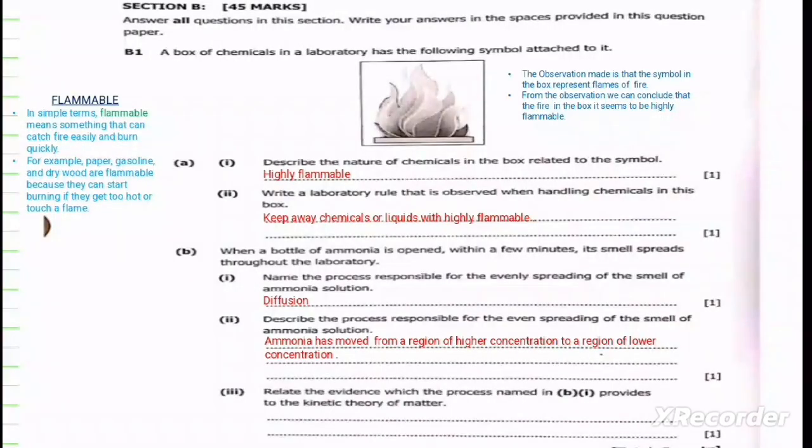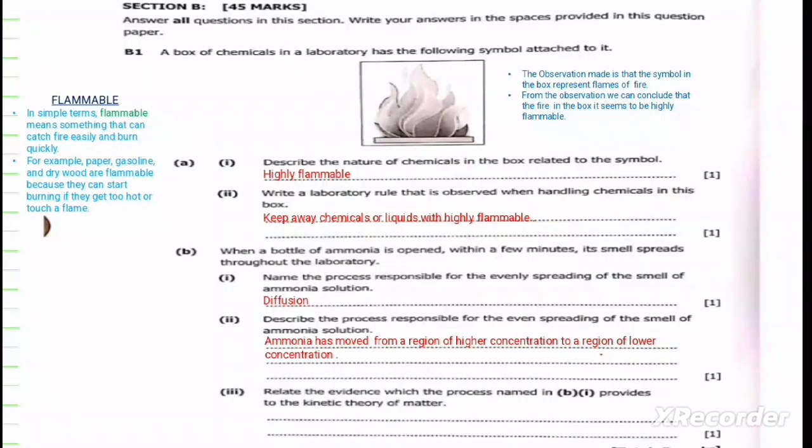So the kinetic theory of matter is the theory that we use to investigate the constant, random movement of particles, especially gases and liquids. So we have two theories that we use in order to investigate the kinetic theory of matter. We have the diffusion theory and the Brownian motion theory.